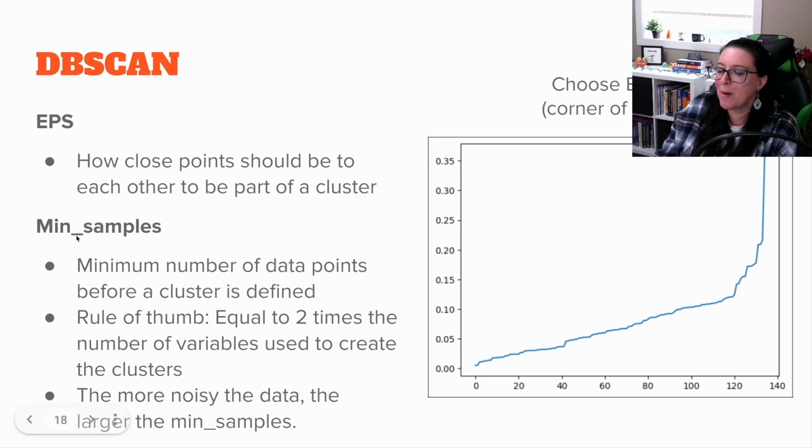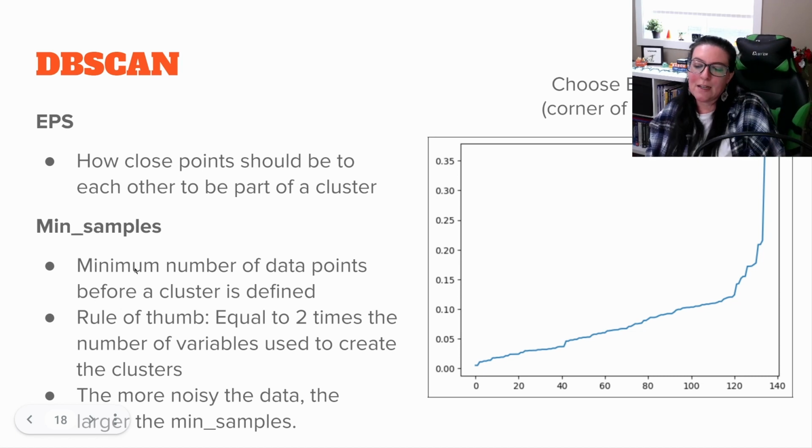When it comes to minimum samples and how many you should have, remember the minimum sample is the minimum number of data points before it declares that it is a cluster. Your general rule of thumb is that it should be 2 times the number of variables used to create it. So in a number of the examples we've been looking at, for example, inclusivity and safety are 2 variables, right?